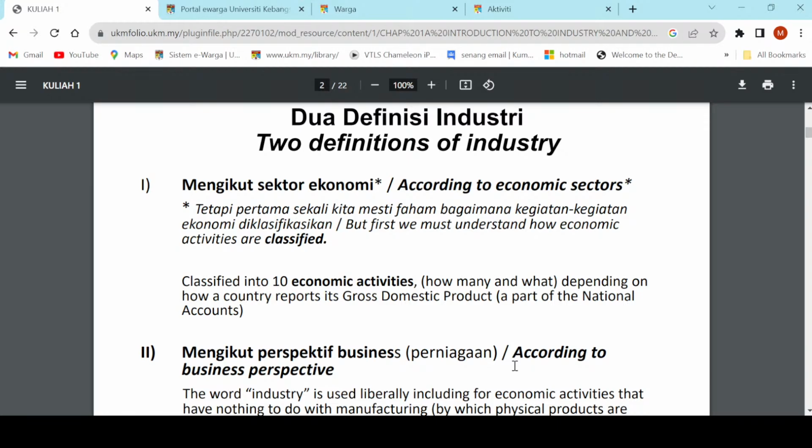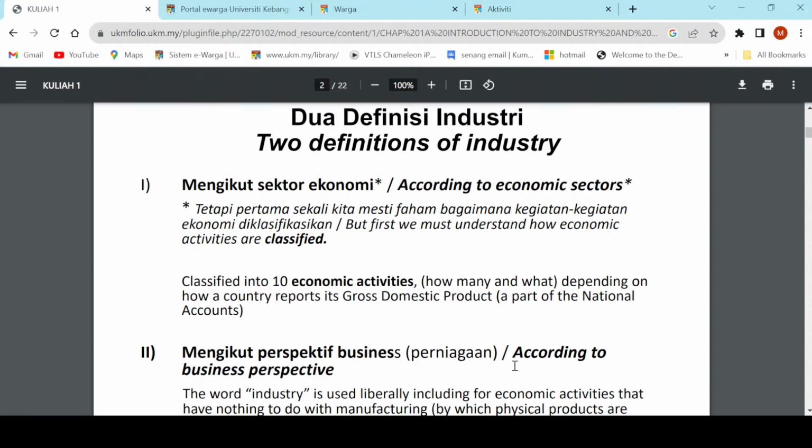Because the word industry has been used so loosely, very loosely, to refer to any economic activity. While for our class, and for the purpose of economic research, we have to really identify what can be considered as industry.